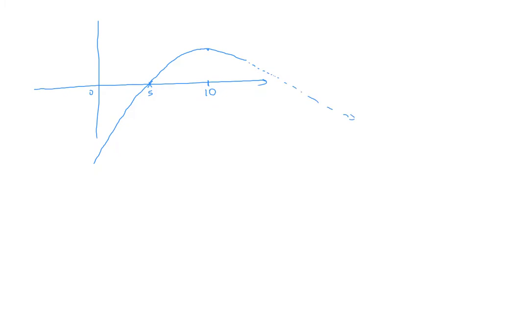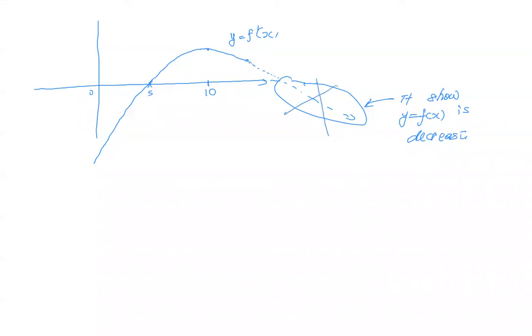If you go down like that, that means y equals f(x) is decreasing, but that is not true, correct? So this is a wrong one. You have to go in this way, because my y equals f(x) is always increasing as x approaches infinity.